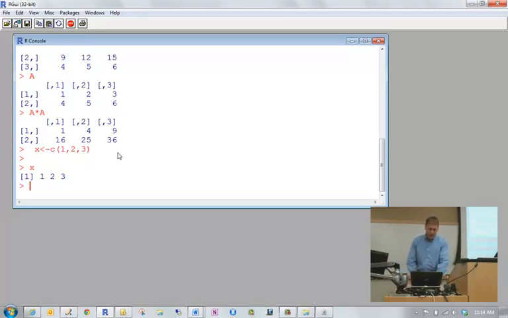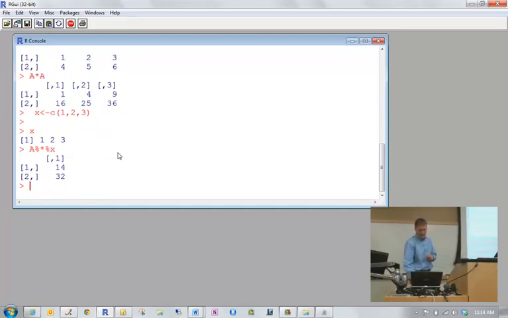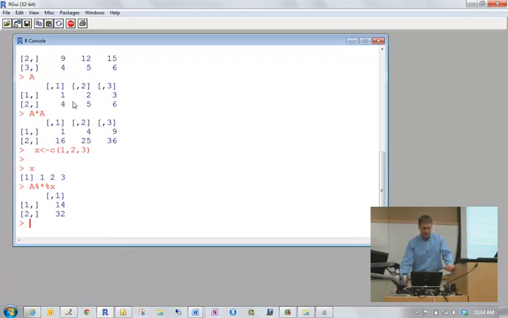Well, what would happen then if I took A times X? I get this. So what did R do? Well, in order to do matrix multiplication, remember, I need the number of columns of the first matrix equal to the number of rows in the second matrix.